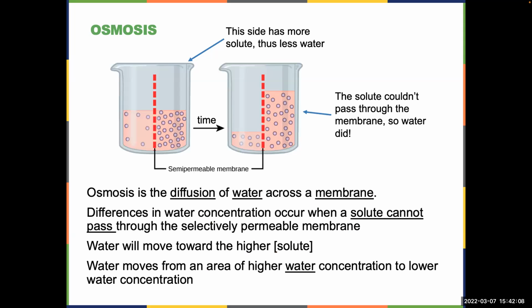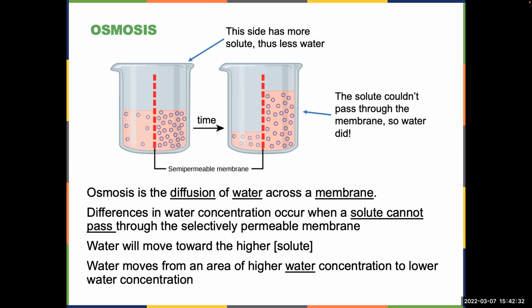Now, osmosis is when we're talking about the movement of water through the membrane. Typically, this happens because the solute is too big to pass through the membrane. And so the only way to make an equilibrium is to have water move. And this is what we did in lab today with the dialysis tubing.